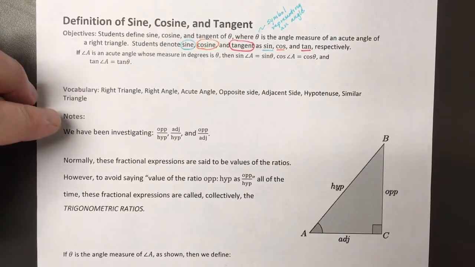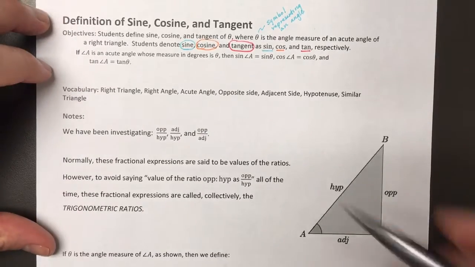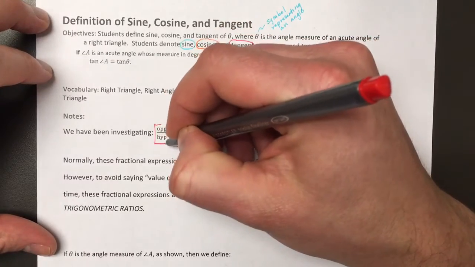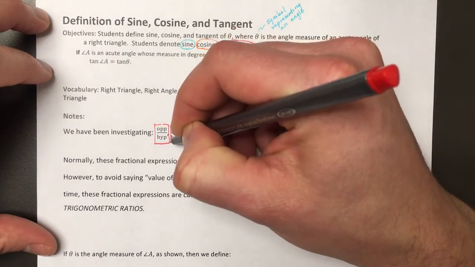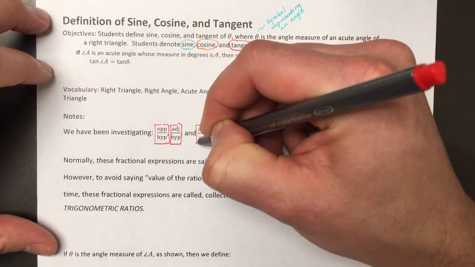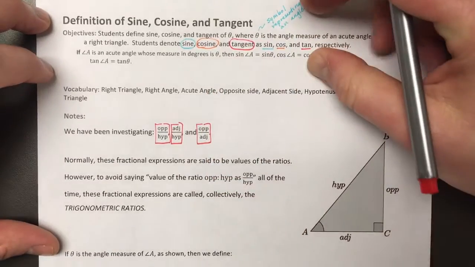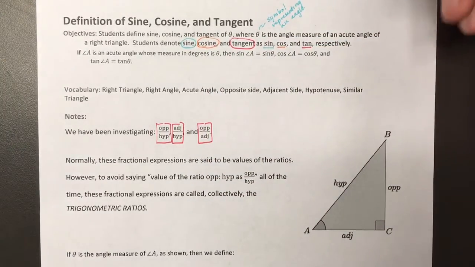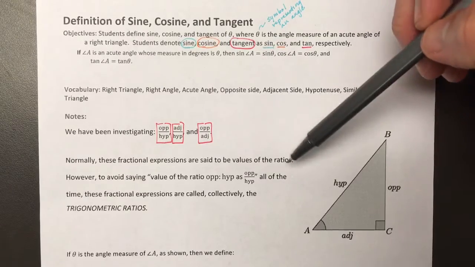As we look at this, we have been investigating these three ratios: opposite over hypotenuse, adjacent over hypotenuse, and opposite over adjacent. Normally these fractional expressions are said to be values of ratios.